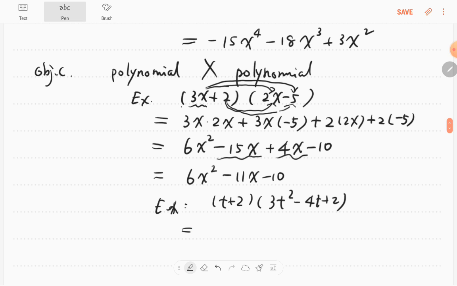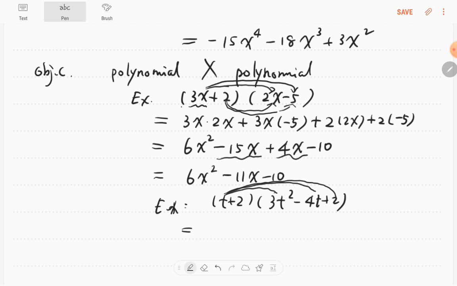Okay, so let's start with the first term. We have t and plus 2 terms, right? So we start with the t. T should apply to each term of the second polynomial. So t should apply to 3t squared, it should apply to negative 4t, and should apply to 2.